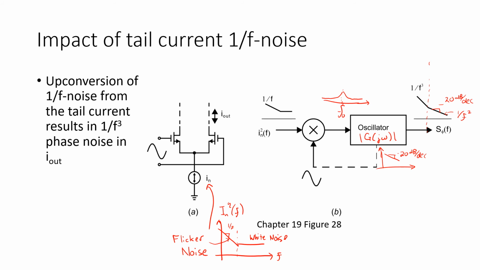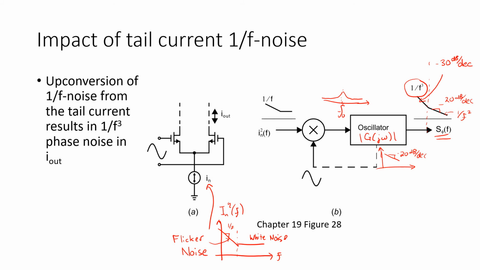This flicker noise shows up in the phase noise at the output of the oscillator with a term that's proportional to 1 over F cubed. And as a result, it rolls off with this strange slope of minus 30 dB per decade.